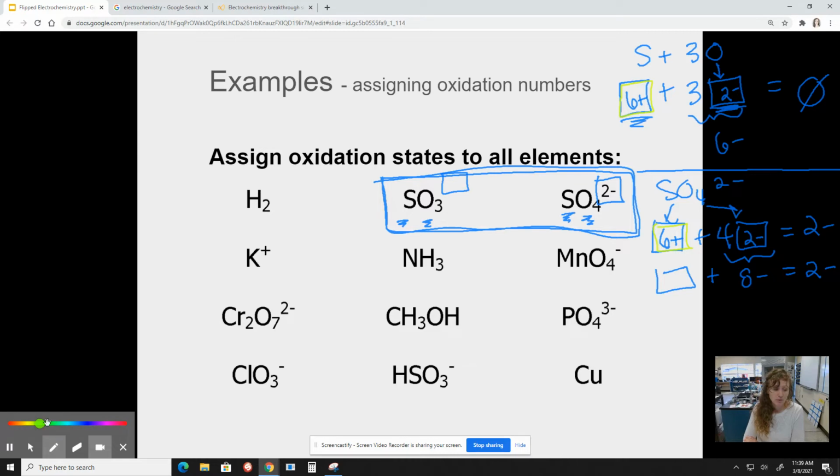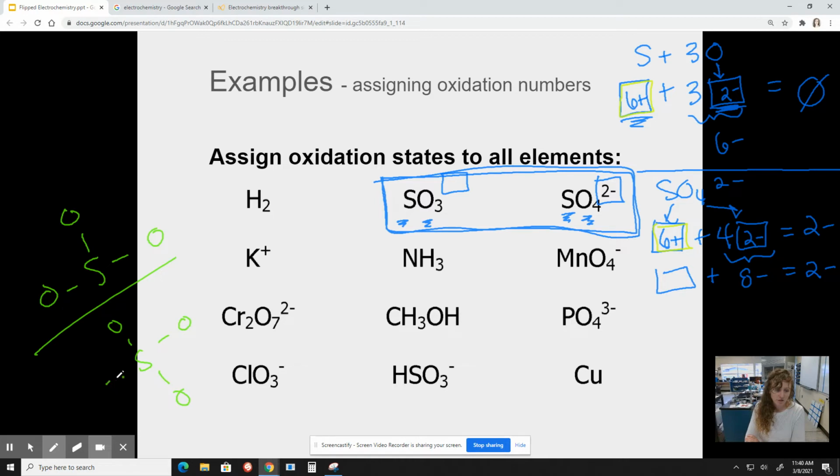Notice also that both of these compounds involve covalent bonds, right? Sulfur is bonded to oxygen using covalent bonds, and even in the sulfate ion, sulfur is bonded to oxygen using covalent bonds. So we don't have true charges in here. These are not true charges.